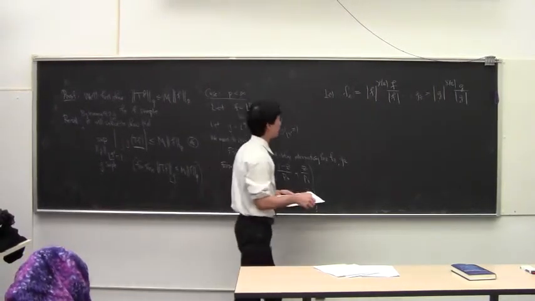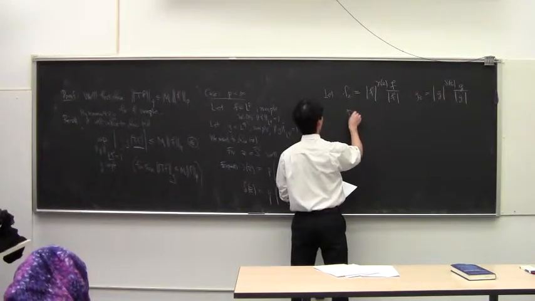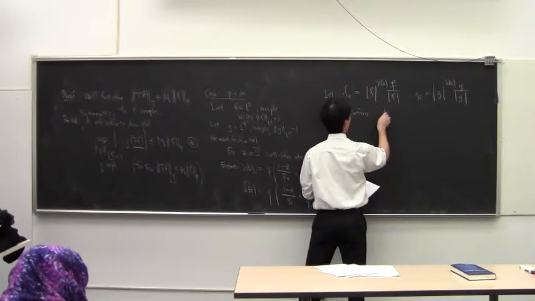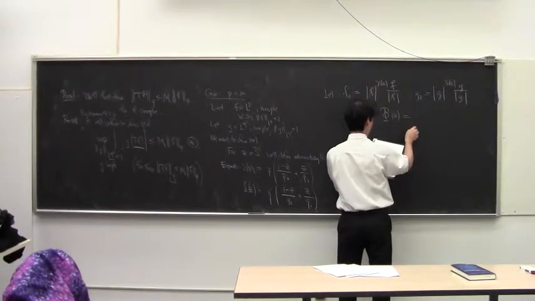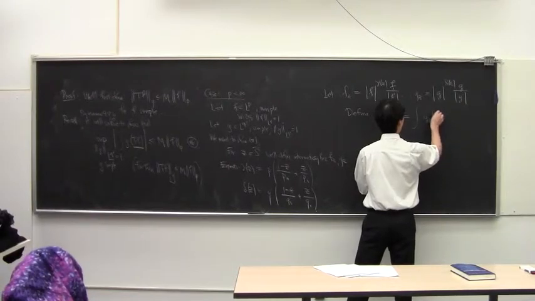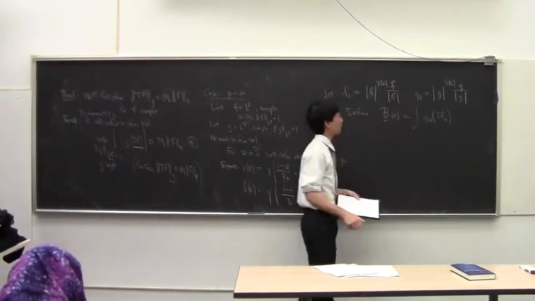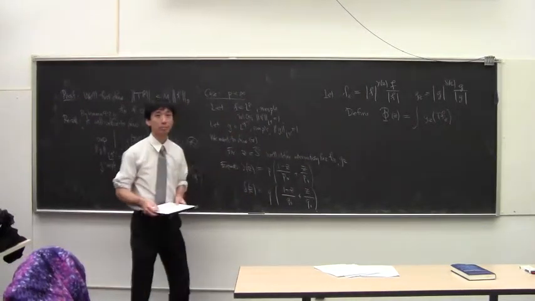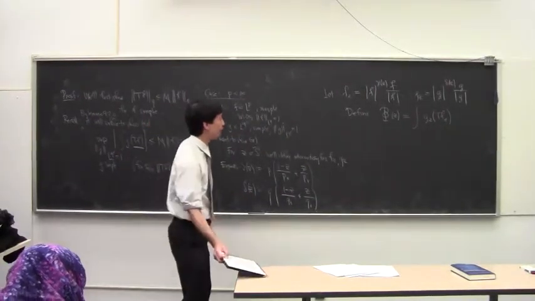And then we define phi of z as the integral of G_z against T F_z.